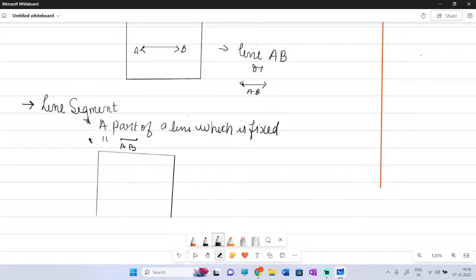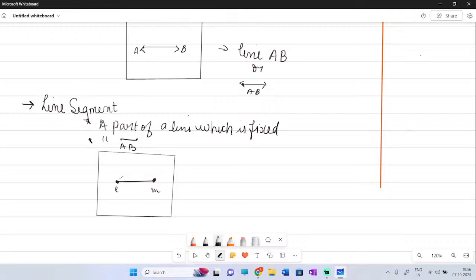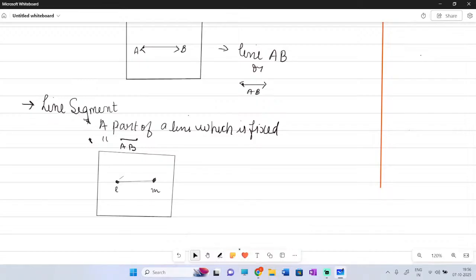I think most of you will be knowing how to draw it. It's like 2 points L and M. This is it. Depicts line segment LM, or just draw this, then draw LM.